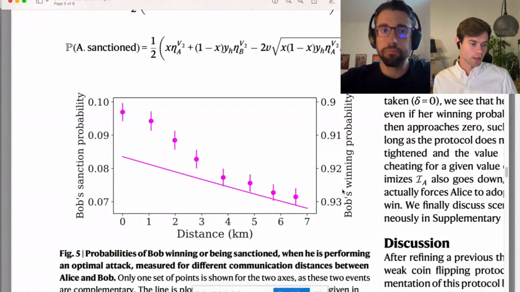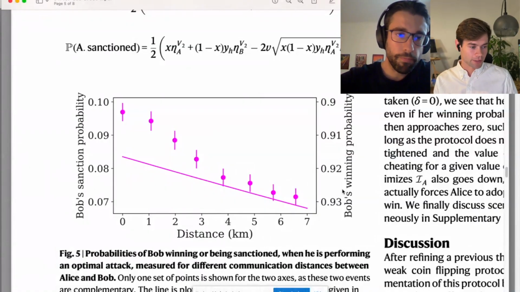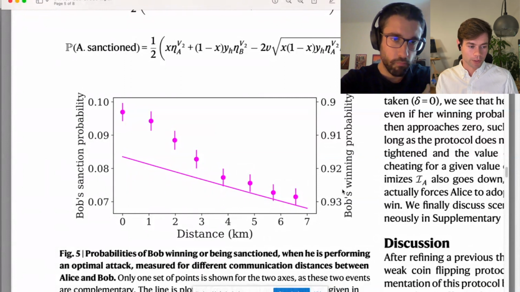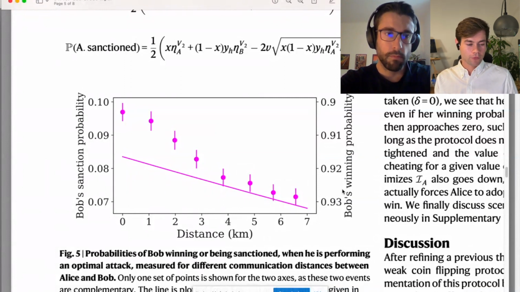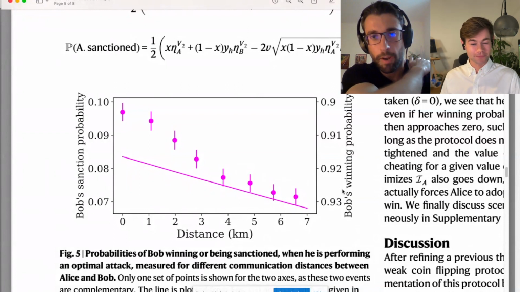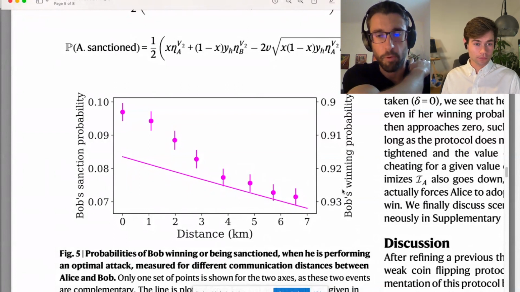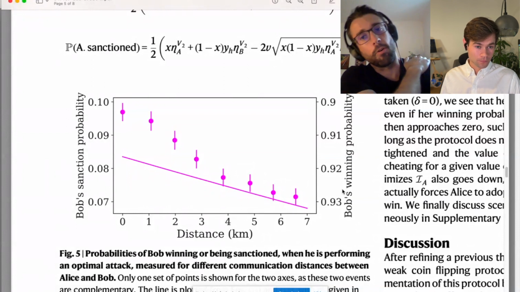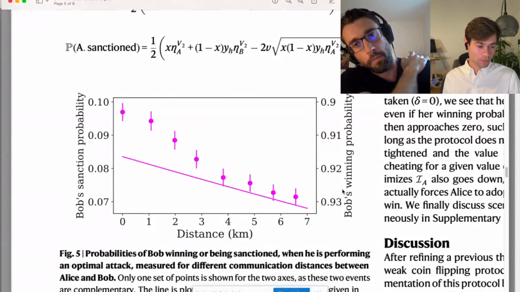What I'm showing now is the graph that illustrates the probabilities of Bob winning or being sanctioned when he's performing an optimal attack. So if you could just summarize this graph, I think it's better if you do it than if I do it. Yes. Here you picked a graph that actually depends on the distance between the two parties. And in experiment, distance actually means losses.